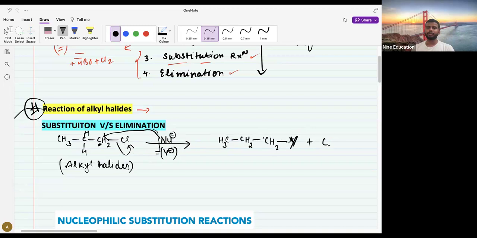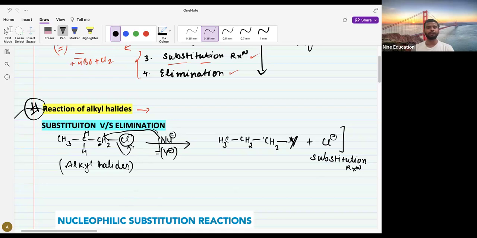So one nucleophile has replaced the other nucleophile, and this is known as a substitution reaction. One nucleophile has substituted the other; one removed the other.